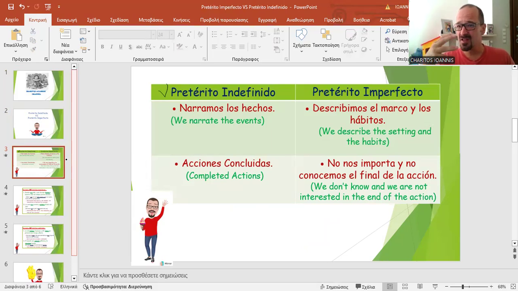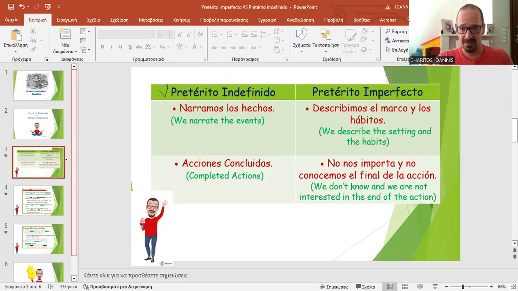So we could say that there is movement of the characters. You can see them moving, and the actions of the characters are acciones concluidas, completed actions, which means that I can feel that the actions that are described through el pretérito indefinido finished, stopped.